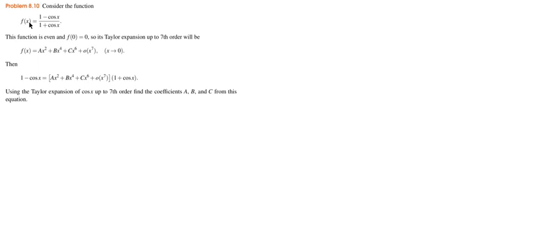And now we multiply f by 1 plus the cosine, so we have 1 minus the cosine is equal to this expansion times 1 plus the cosine. So using the Taylor expansion of the cosine up to 7th order, we need to find the coefficients a, b, and c. Again, the cosine is 1 minus x squared over 2 plus x to the 4th over 4 factorial, which is 24, minus x to the 6th divided by 6 factorial, which is 720, plus small o of x to the 7.